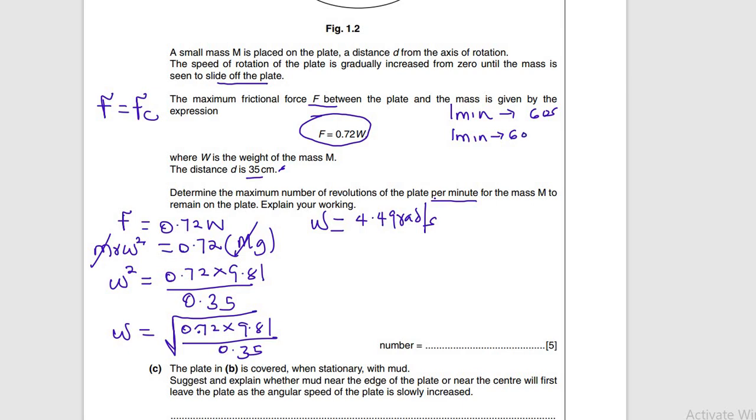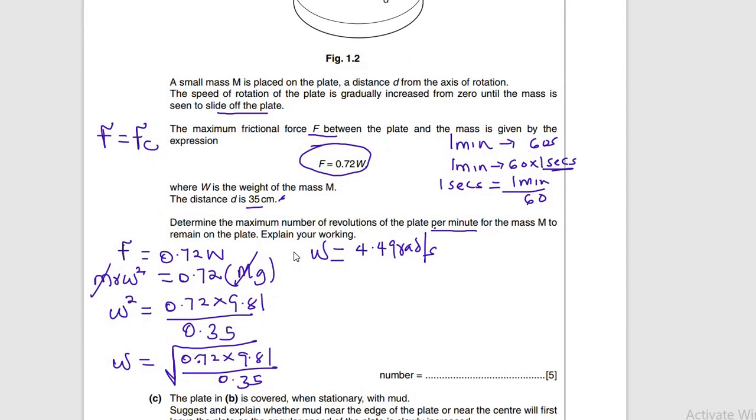That's 60 times 1 second. Now, behave as if you are making 1 second the subject of the formula. So 1 second will be 1 minute over 60.